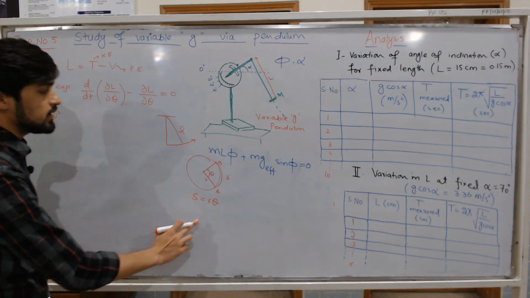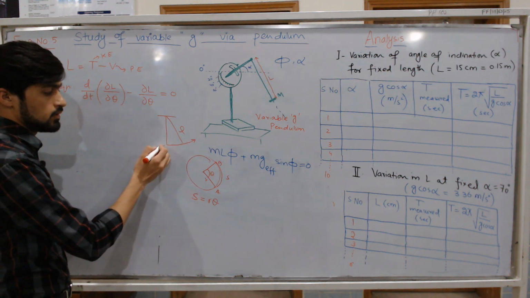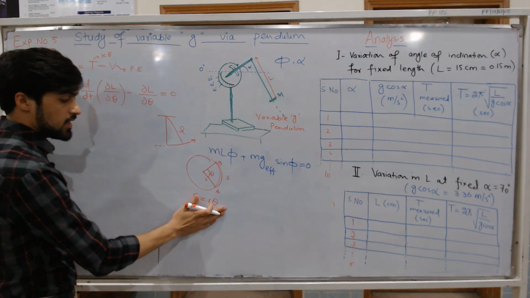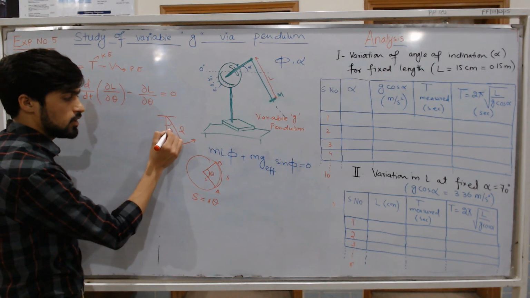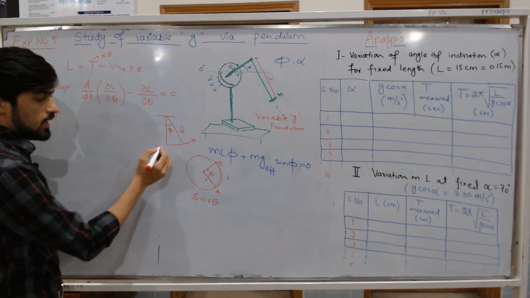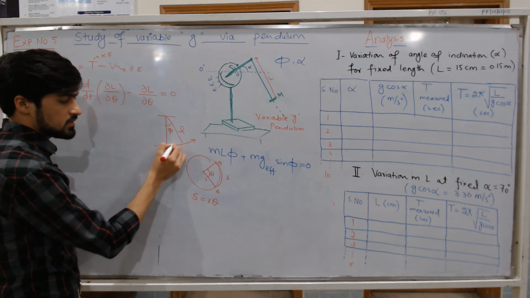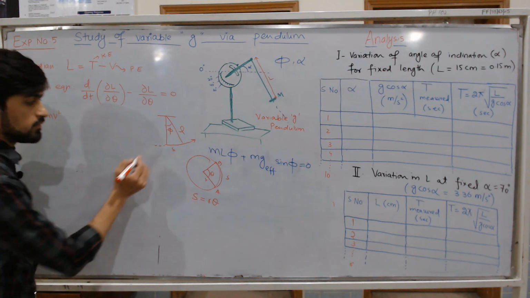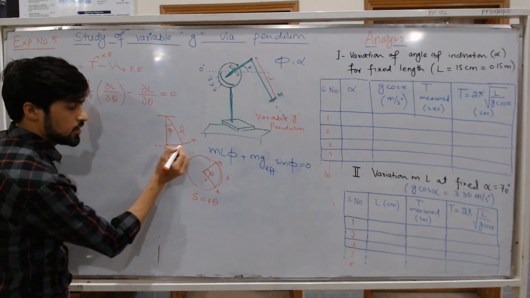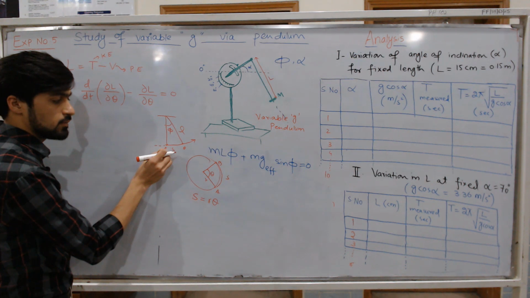In our case, this represents a circle. If this is the length of the pendulum, and this is theta, which I am calling phi in our case, and this distance S is the arc length from position A to position B, the pendulum moves from this position to this position.